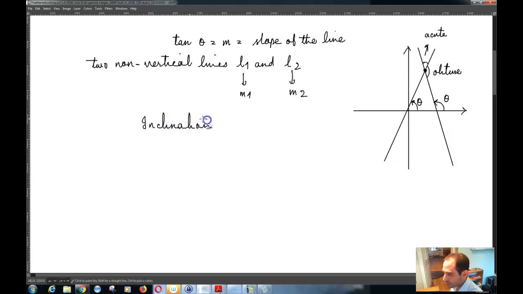There is something called the inclination of a line.